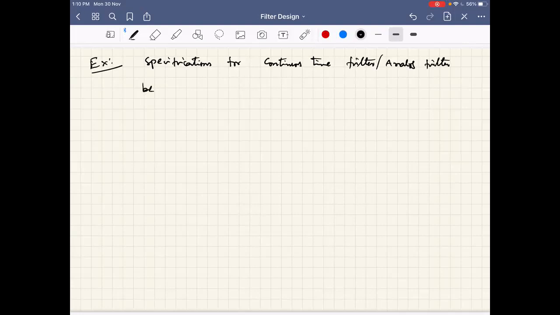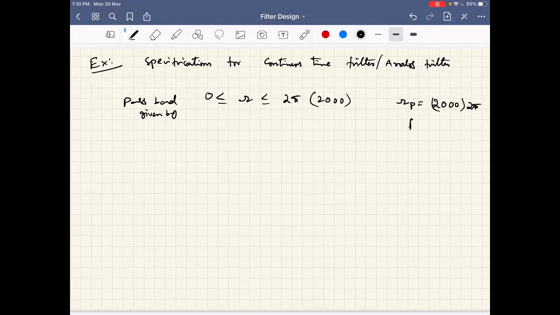So, 0 less than or equal to omega in the pass band, given by, okay, they have given the pass band edge equal to 2 pi into 2000 Hz. So that is omega p, the pass band cutoff frequency is 2000 into 2 pi, so fp is equal to 2000 Hz.